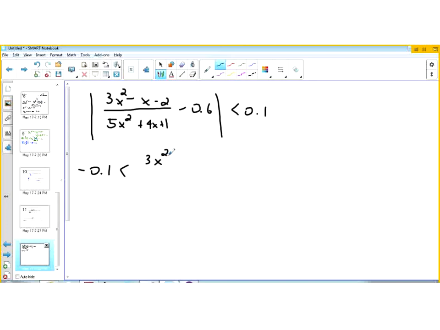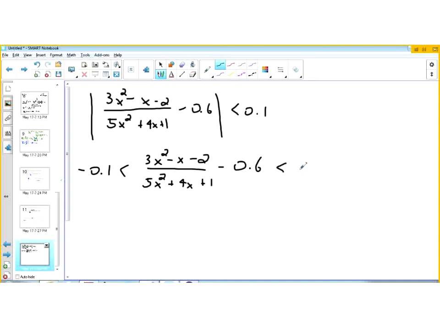Okay, so the absolute value of (3x squared minus x minus 2) divided by (5x squared plus 4x plus 1) minus 0.6 is less than 0.1.